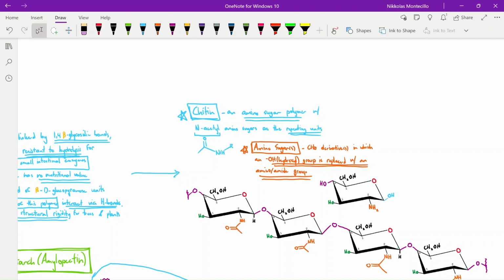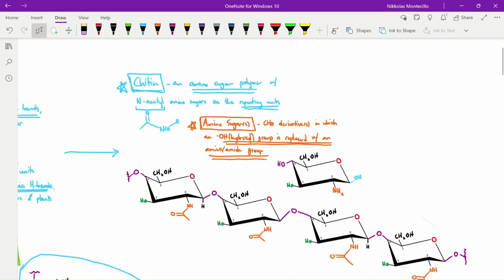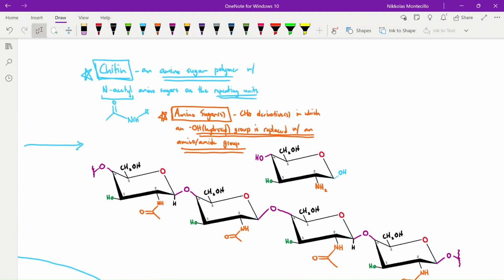It's an amino sugar polymer with N-acetyl amino sugars as the repeating units. Amino sugars are carbohydrate derivatives in which a hydroxyl group is replaced with an amino or amide group. In the case of chitin, we can see here that the amino or amide group is this N-acetyl amino group. Okay.